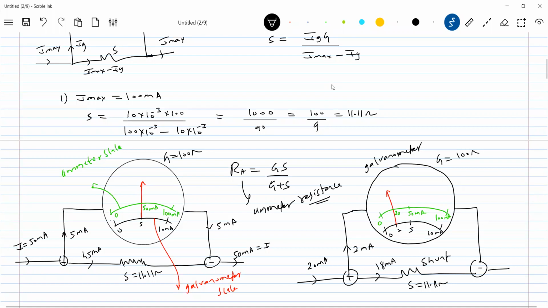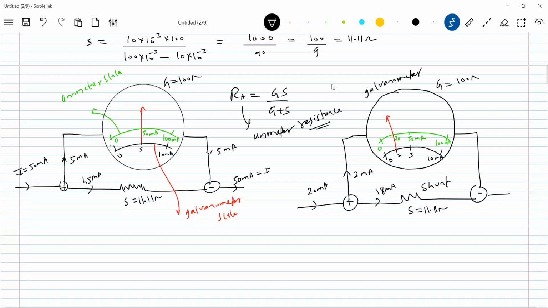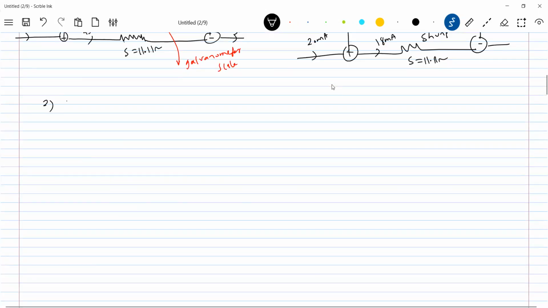Now I'll increase the range. I had a maximum of 100, no? So let me go for 1000 milliampere. 1000 milliampere means it will become 1 ampere. Then what is the formula? Shunt is equal to Ig into G by Imax minus Ig.